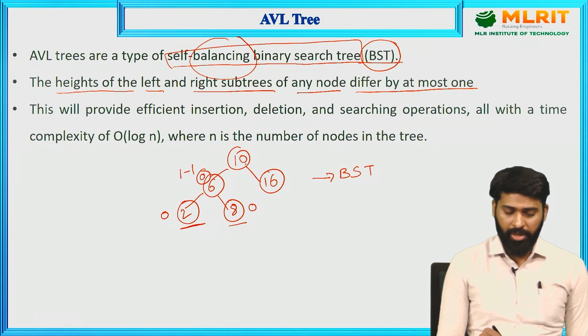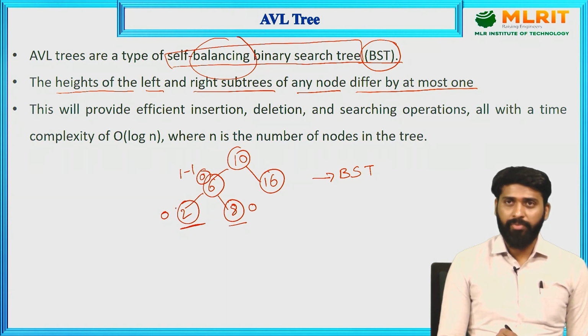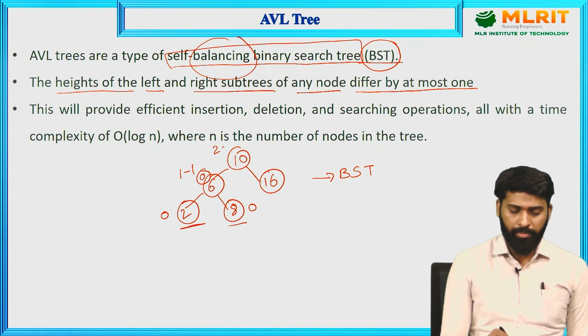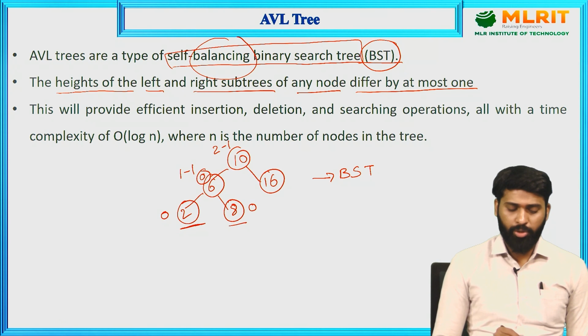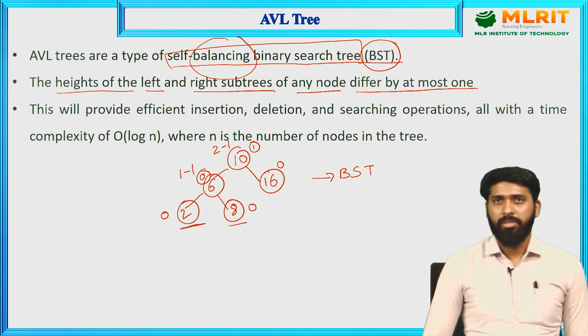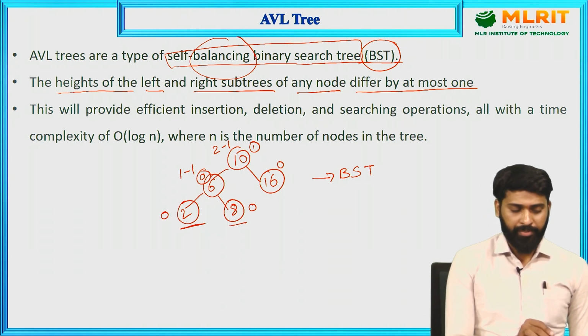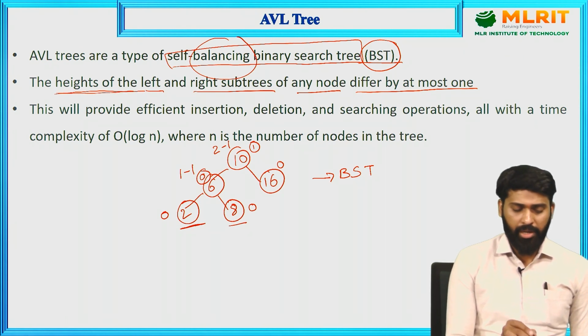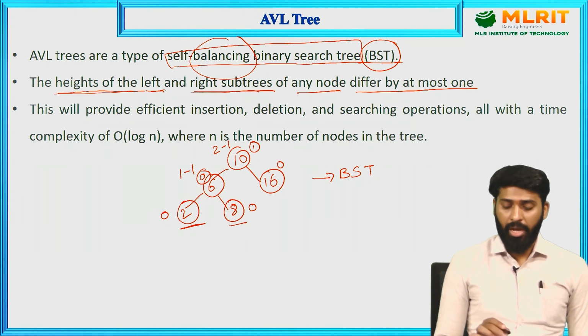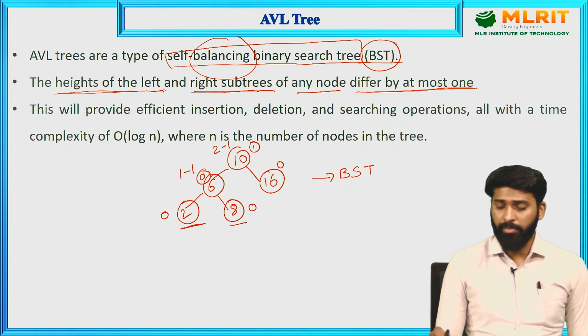Similarly for 10, what is the height of the left subtree? 2, minus the height of the right subtree, 1. So, 2 minus 1 is 1. For 16, it is a leaf node, so the balancing factor is 0. Now coming to the definition, the heights of the left and right subtrees of any node differ by at most 1.